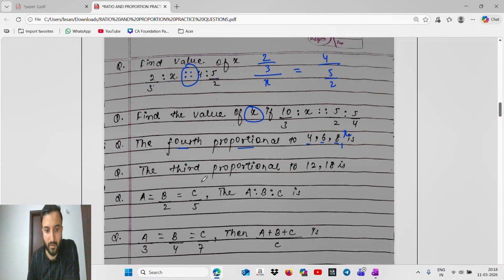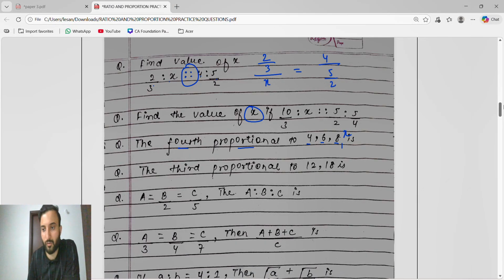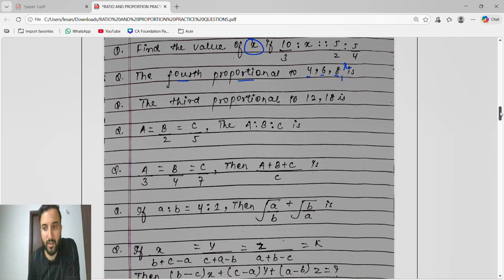Okay. Next, the third proportion of this. Very easy guys. We have to find the third proportion. What we know is, in finding the third proportion and mean proportion, they will give two values, the first value and the second value. The first value every time we will take as a, the second value every time we will take as c. The formula for third proportion is c square by a. That's it.